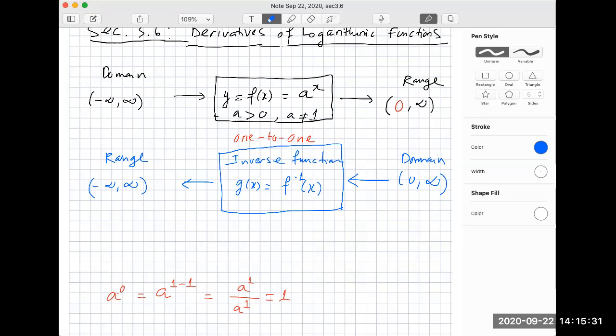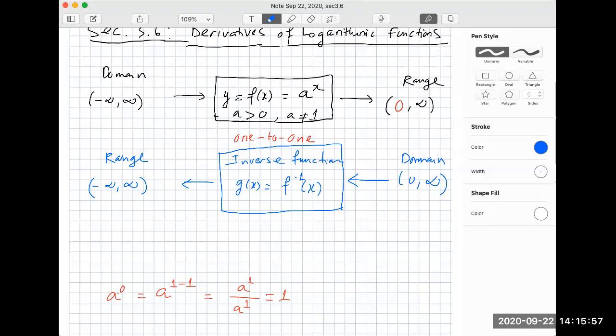Very good. Thank you, Gary. The inverse function will take the range of the function to be its domain, and the domain becomes the range of the inverse function. Okay? And in this case, the inverse of the exponential function, we call the logarithmic function.